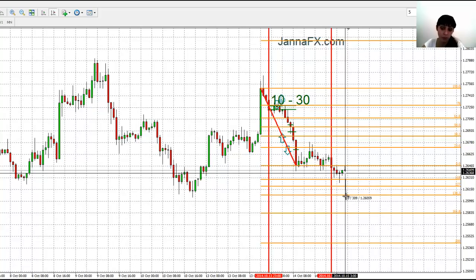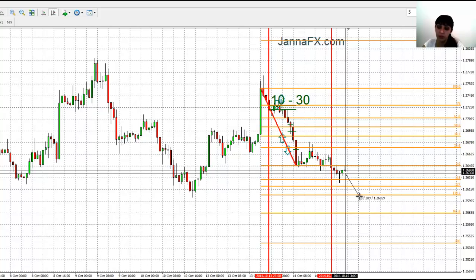So if we think it's finally going to break that level and move down, it should go to 161 first, and then hopefully it will reach 200. If we're not going to watch the market, then we'd probably do better to go just for 161. But if you're going to watch the market, then you can put an alarm on the Fibo lines.